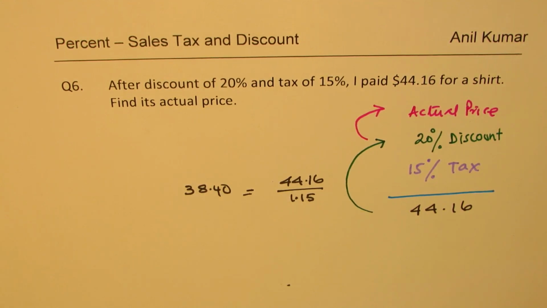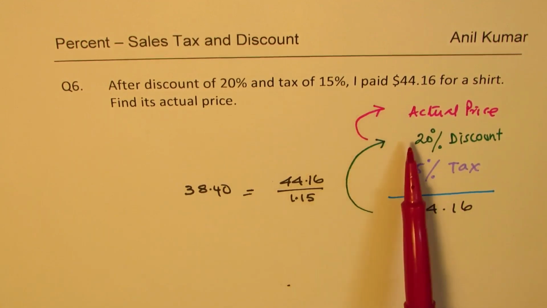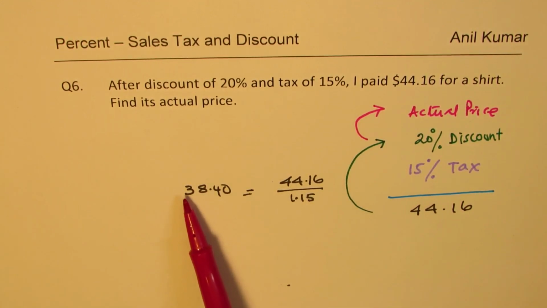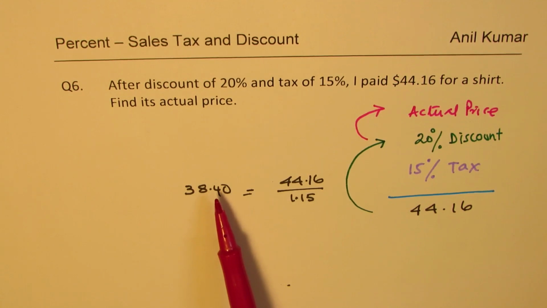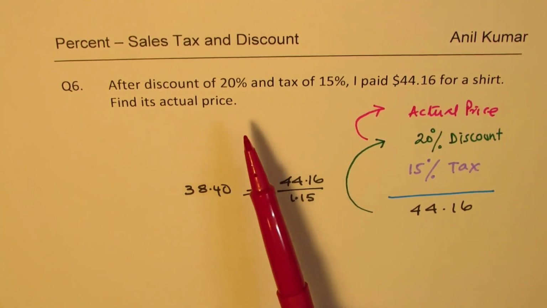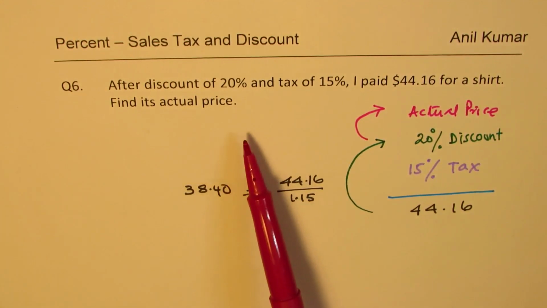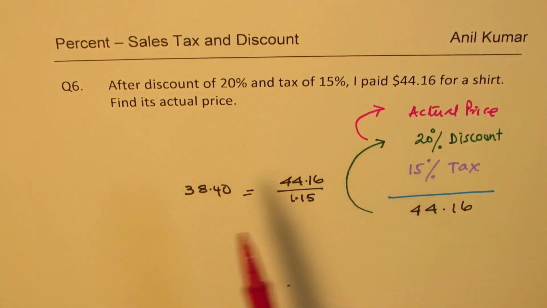After a 20% discount, it becomes 38.40, right? So that price will be somewhere around the 40s, so that when you take away 20%, you get 38.40. So what could that be? That is what you need to now think about and write down your answer. I'd like you to pause the video, think about it, and then write down your answer.